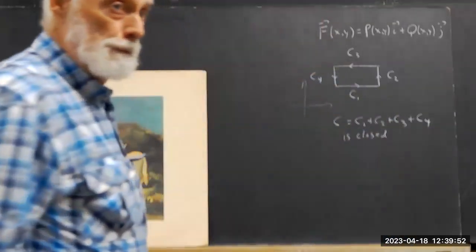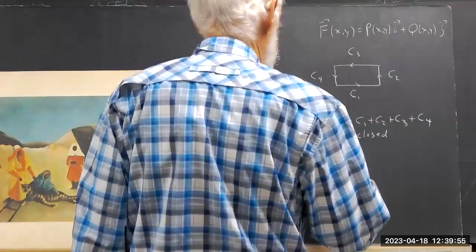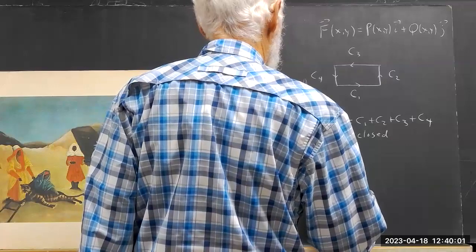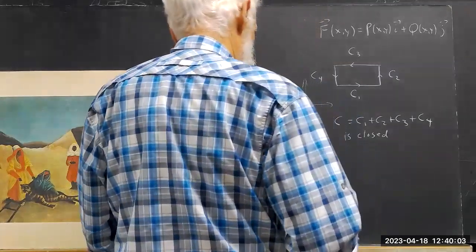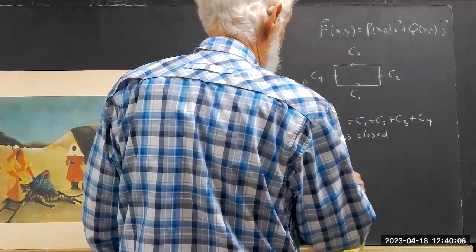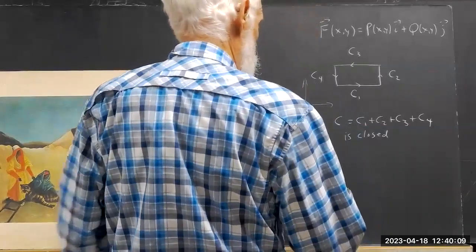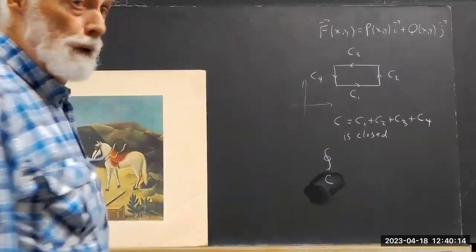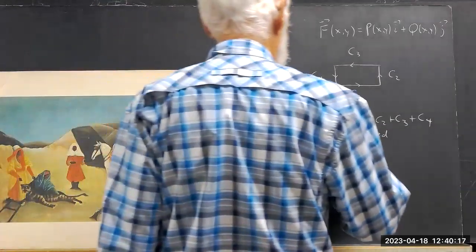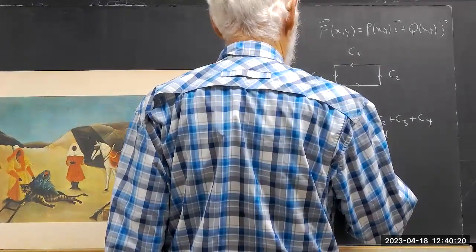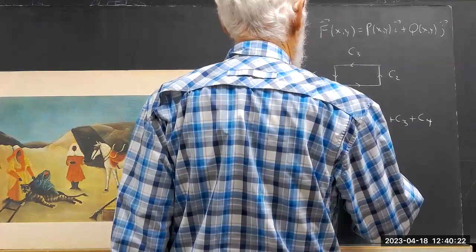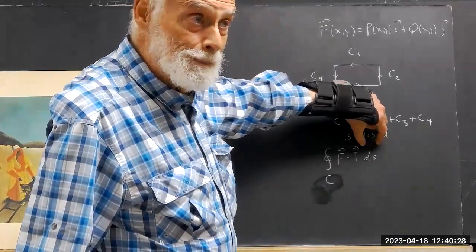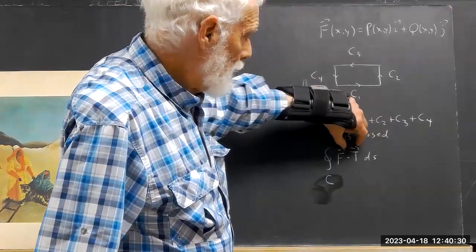We want to do the line integral. I'm making many mistakes, things we would have erased in the last 2 hours, but I'm getting a good start this time. We want the integral over the closed curve C. I could write this as F dot vector ds, but the vector ds is the unit tangent vector times ds.